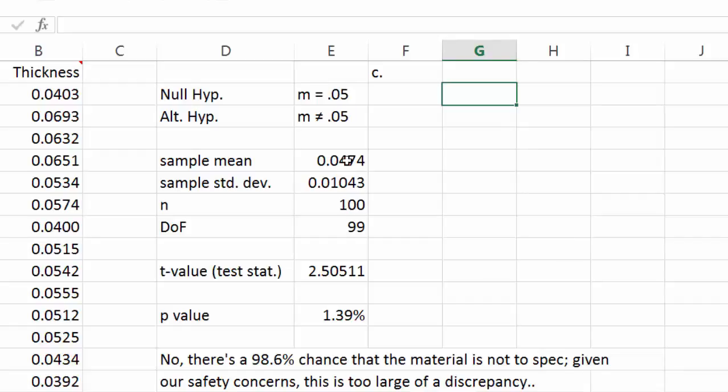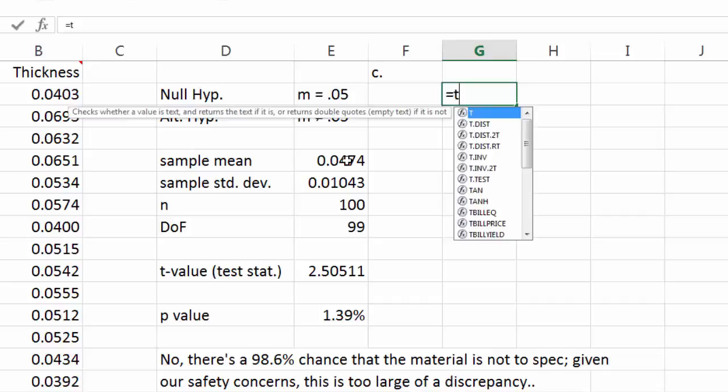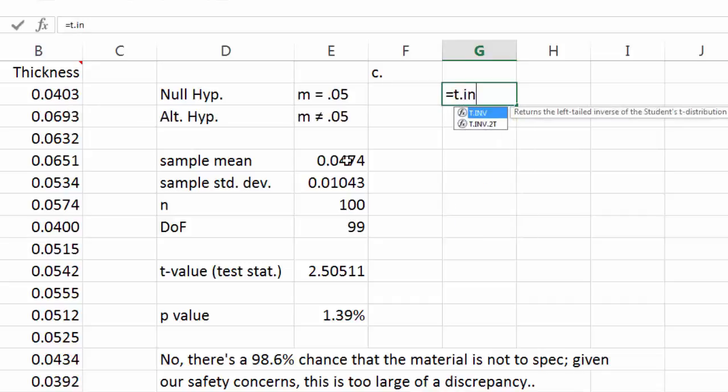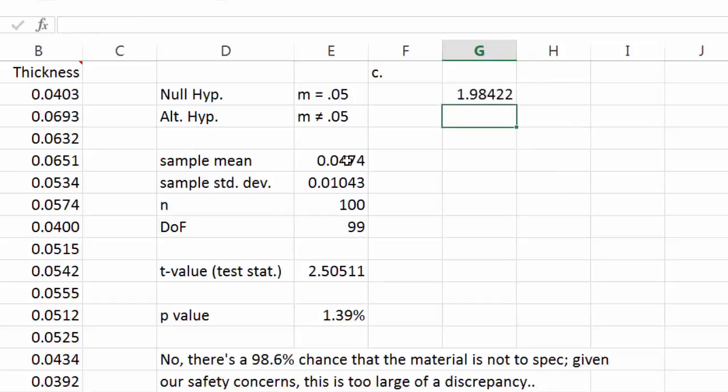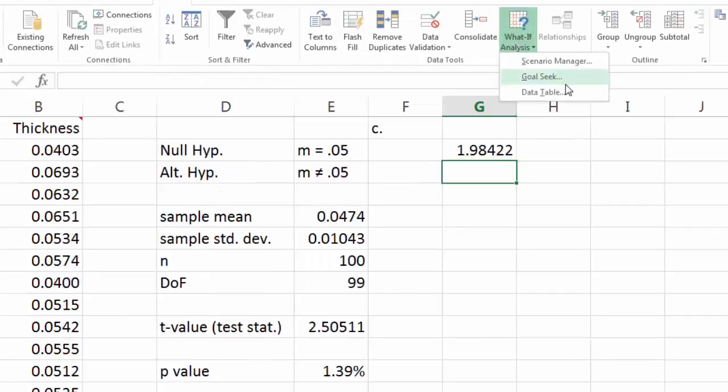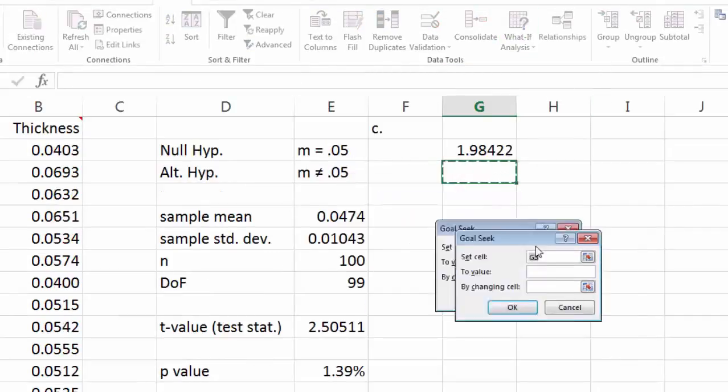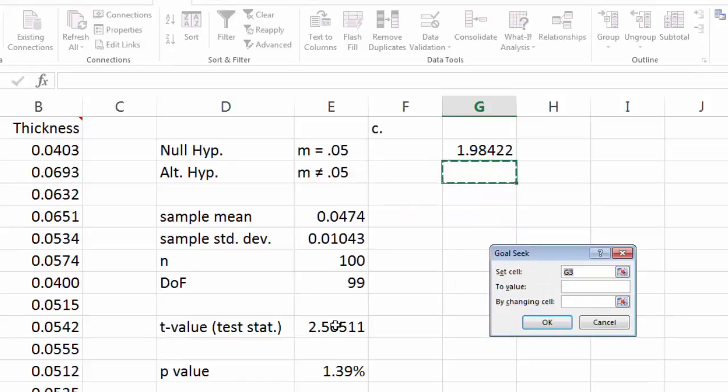So I'm going to find first my T.INV.2T for 5% probability and 99 degrees of freedom. That's 1.98, and then I'm going to use goal seek again to set my t value equal to my specified value here, 1.98422, by changing the sample mean, the measured thickness, average.